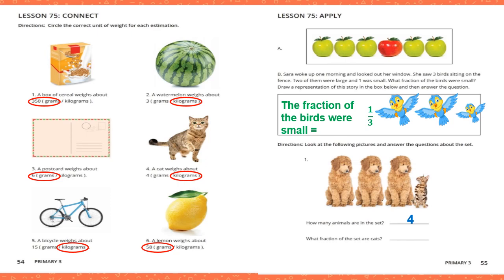How many cats here? Only one. One out of 4. We write in the numerator only cats, which is 1, and in the denominator we write all animals, so the total will be 4. So the fraction is a quarter, 1 over 4.